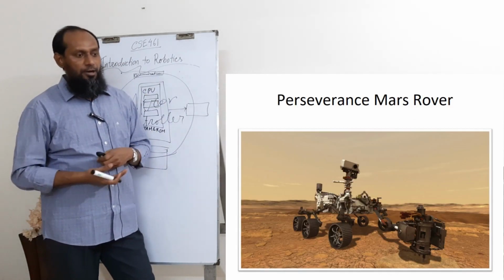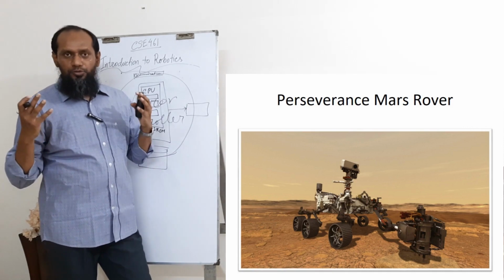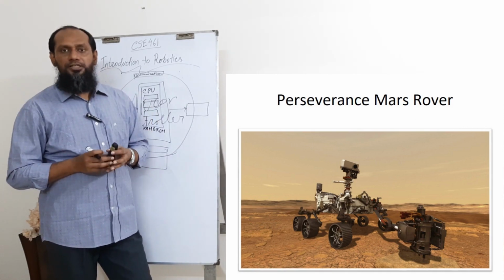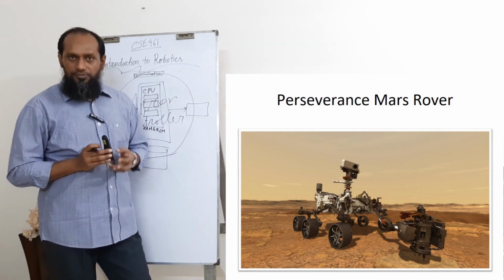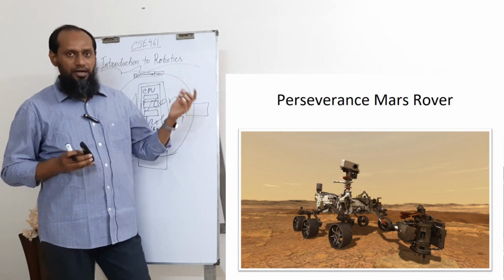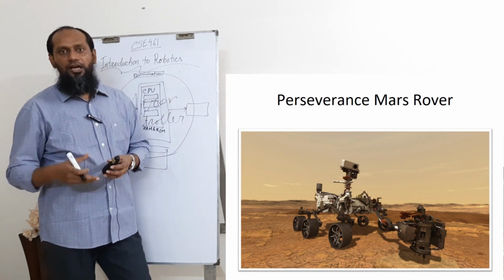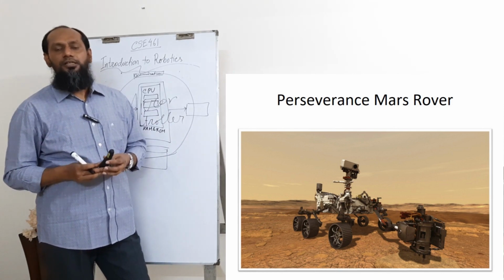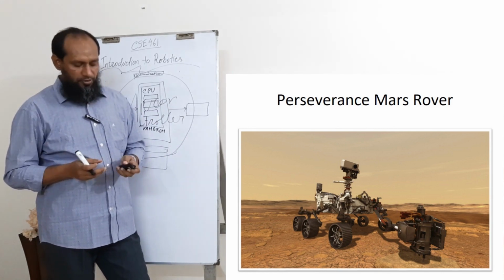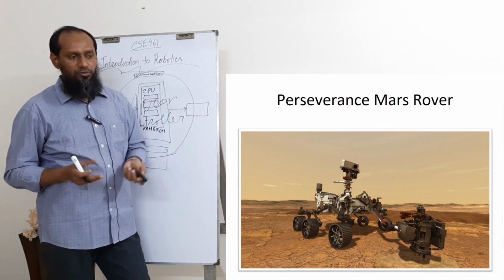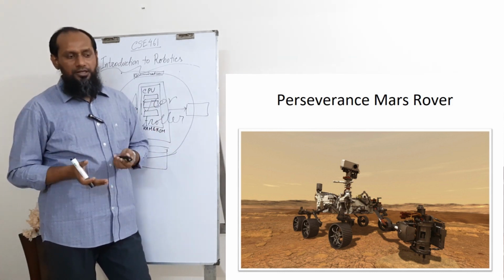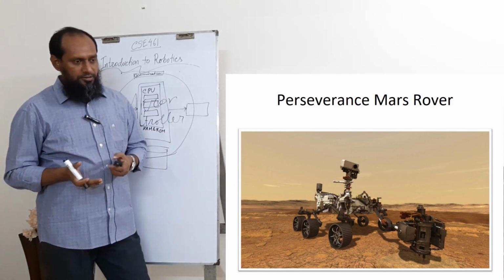Then the Perseverance. I am happy to say that Perseverance has landed successfully on Mars. When I am recording this lecture, I know Perseverance has landed successfully on Mars. I think Kafi will discuss this rover in detail.